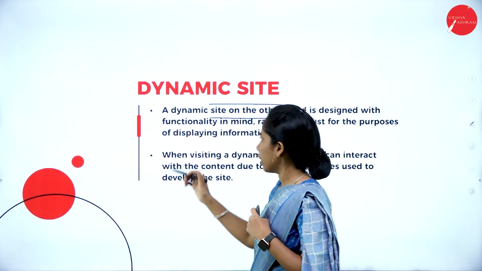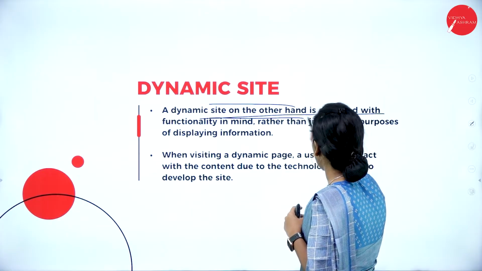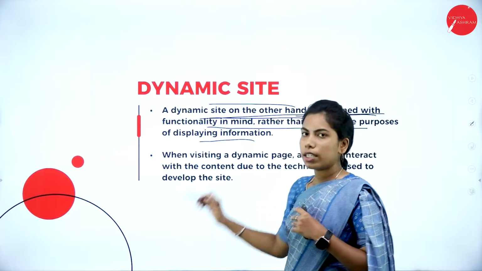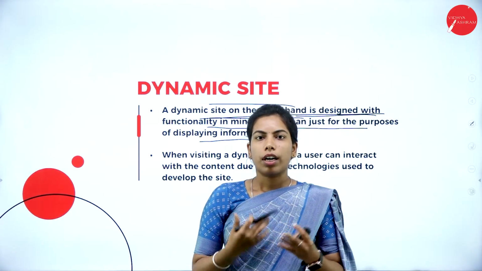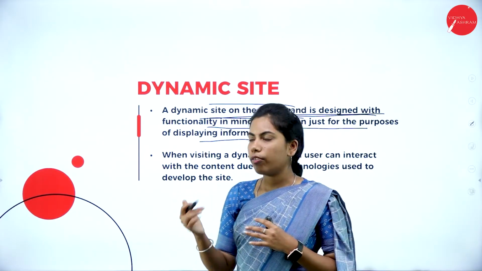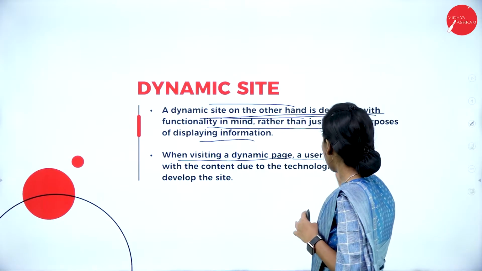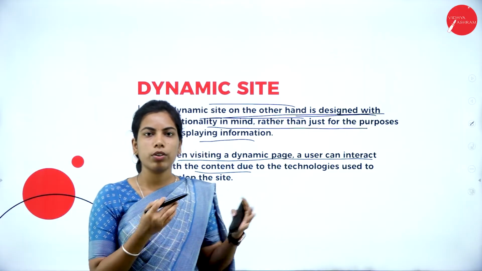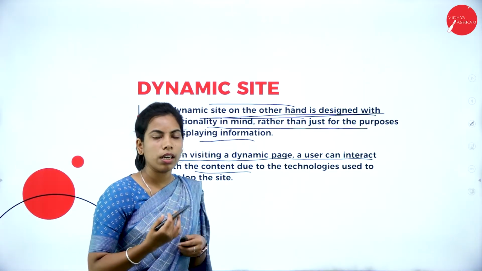A dynamic site on the internet, on the other hand, is designed with functionality in mind rather than just the purpose of displaying information. So it's not a stagnant or static site. That is functionality. And when visiting dynamic pages, users can interact with the content. So there is more content compared to a static site. That is what a dynamic site.